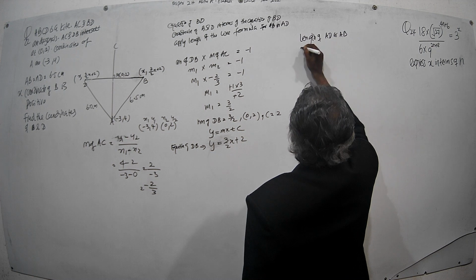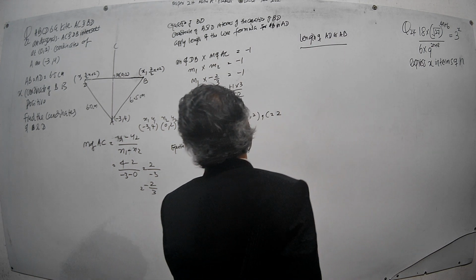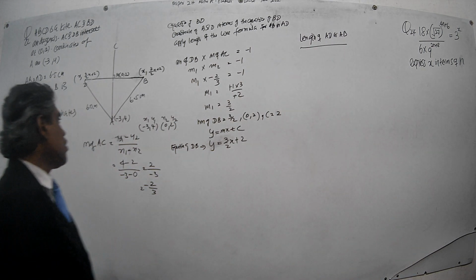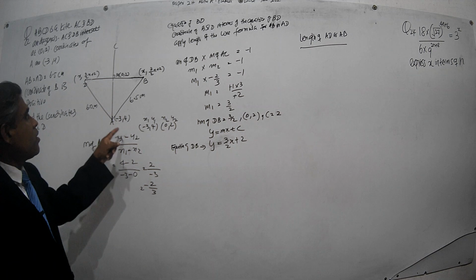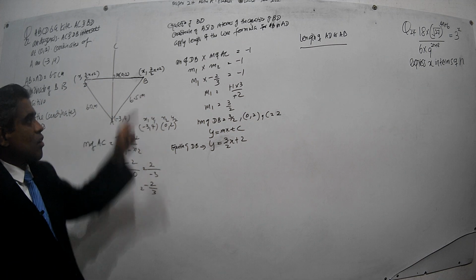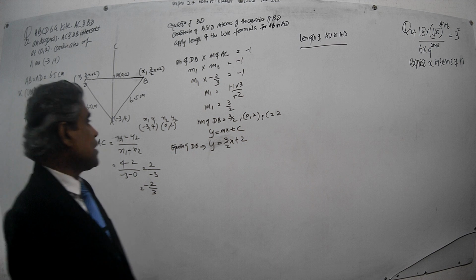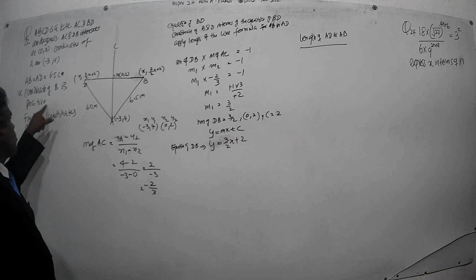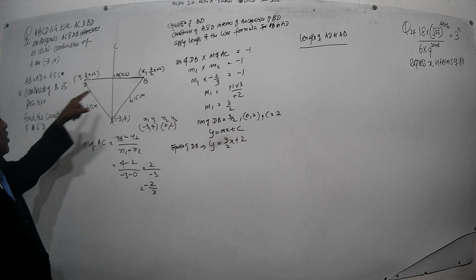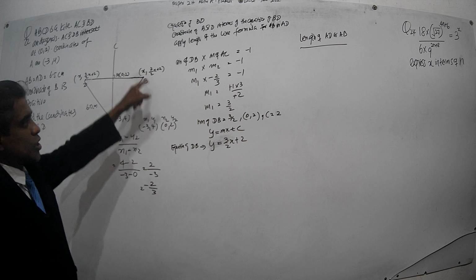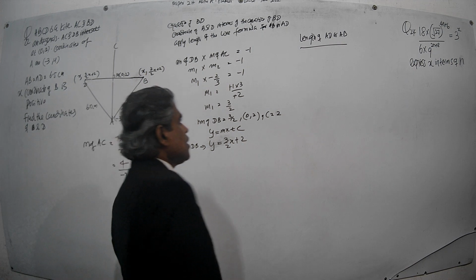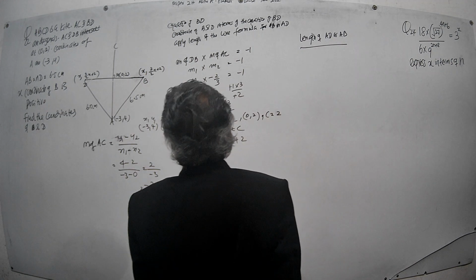For both, the coordinates are always the same; only the coordinates of D and B will differ. Then they say the x coordinate of B is positive. That means this x must be a positive value. We will see how it can be done.